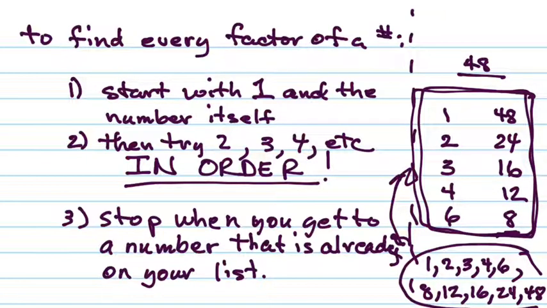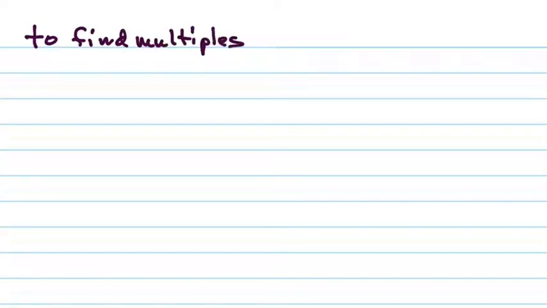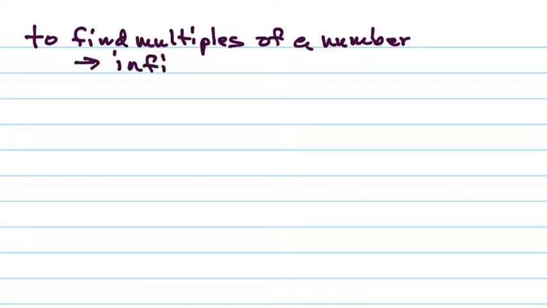Yes. Excellent. Okay. Well, the next thing we're going to talk about is how to find multiples of a number. Now, the first thing you need to know is that multiples are infinite.